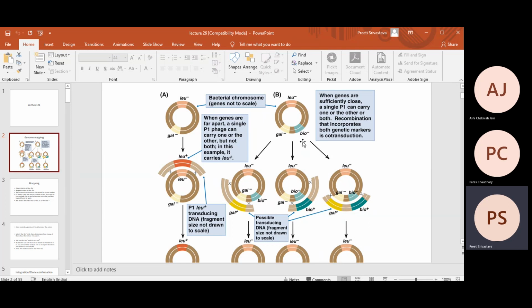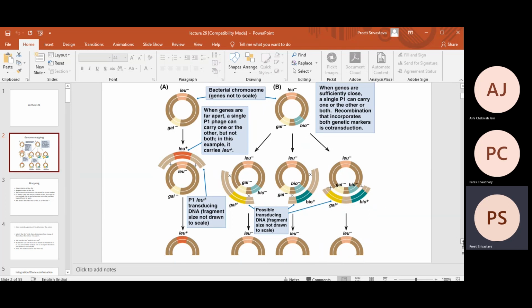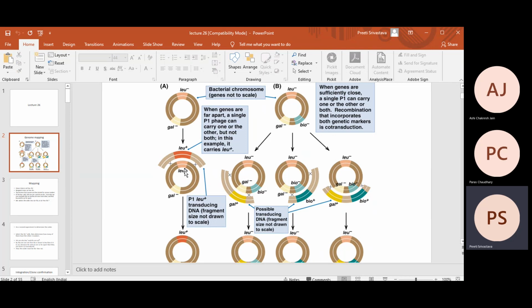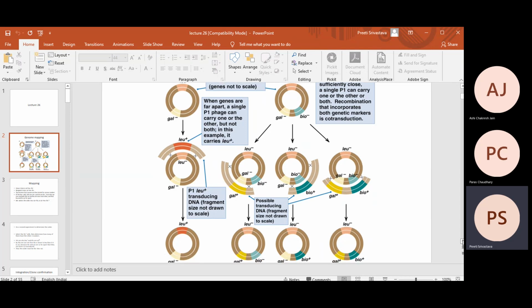So when we do P1 transduction, in case of A, only Leu plus can be transferred, and therefore the recipient cell which was Leu minus will become Leu plus as a result of P1 transduction, but it is still Gal minus. Why? Because Leu and Gal are quite far apart, right?